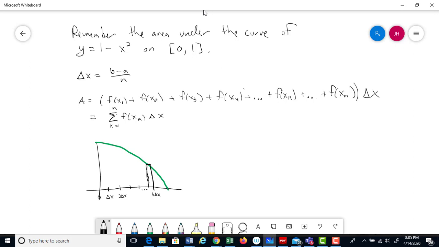So if I have this function, when I plug in 1, I get this thing. When I plug in 2, I get this thing. When I plug in 3, I get this. When I plug in n, I get this. So this right here is my general term. This is my general height term, and that happens at x sub k.